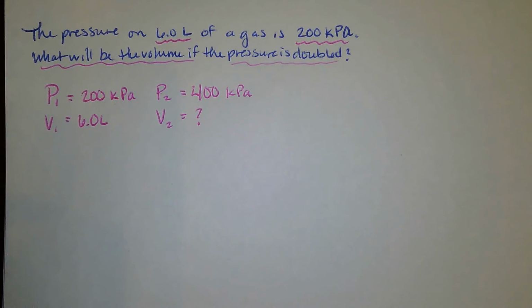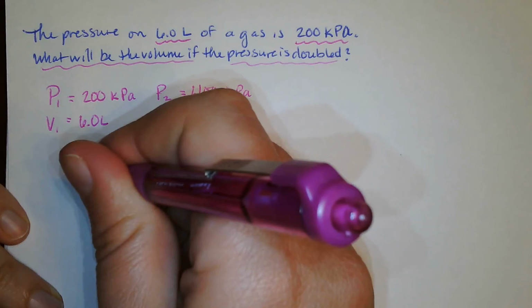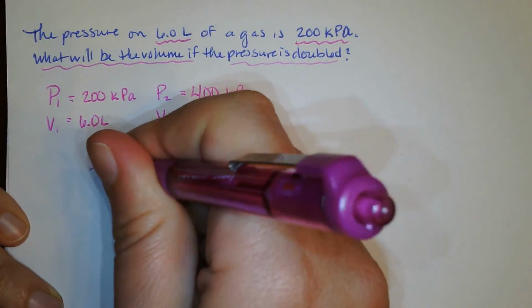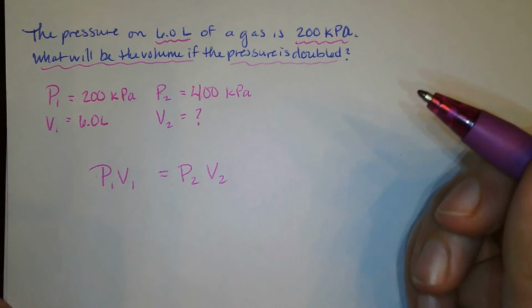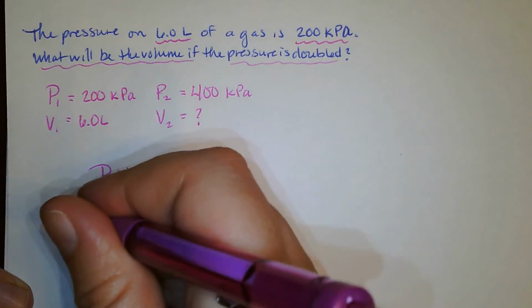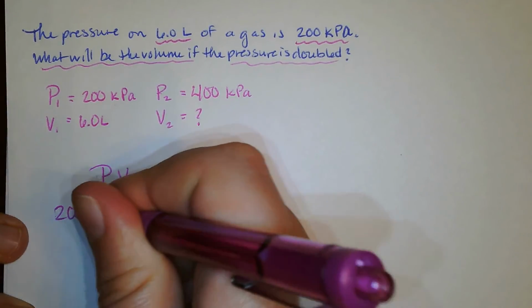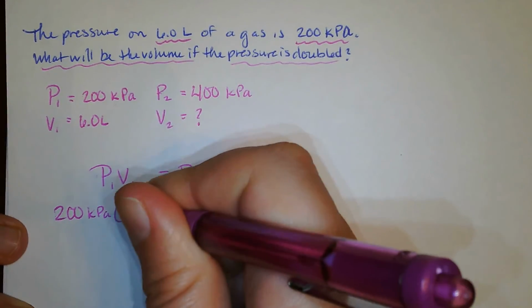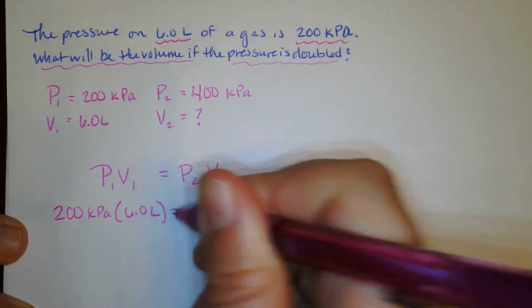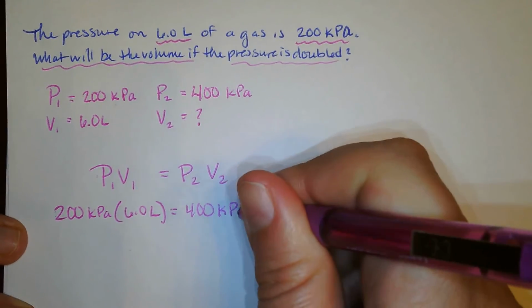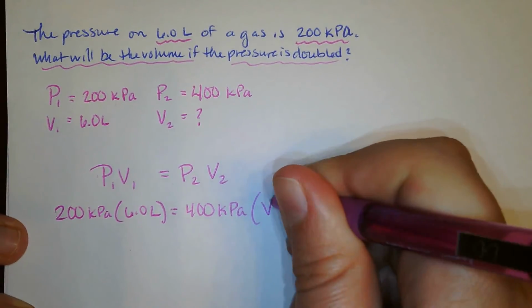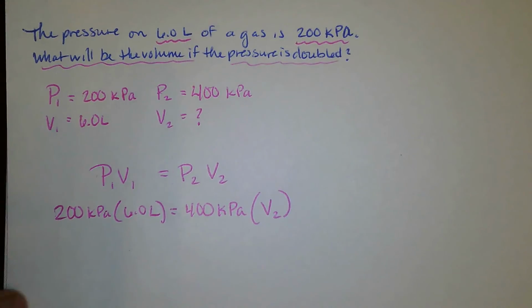So anytime we're comparing pressure and volume, we go right back to this formula, this Boyle's Law. Pressure 1, volume 1 is equal to pressure 2, volume 2. We can plug in our numbers and solve. So 200 kilopascals times 6.0 liters equals 400 kilopascals times V2, that's our question mark.